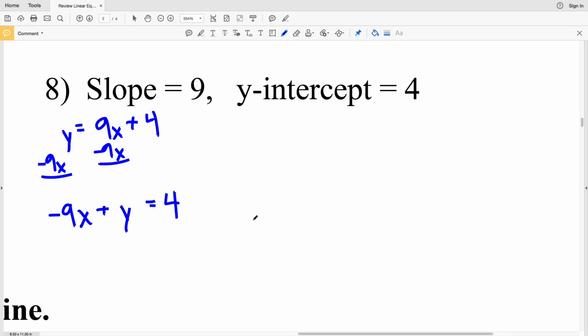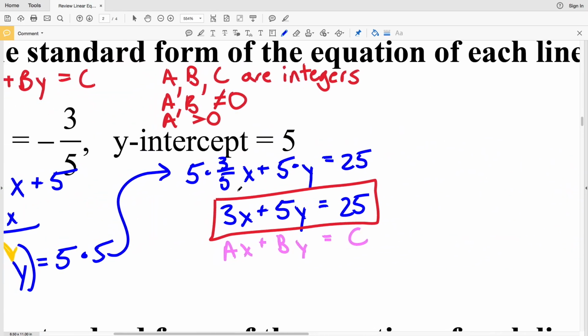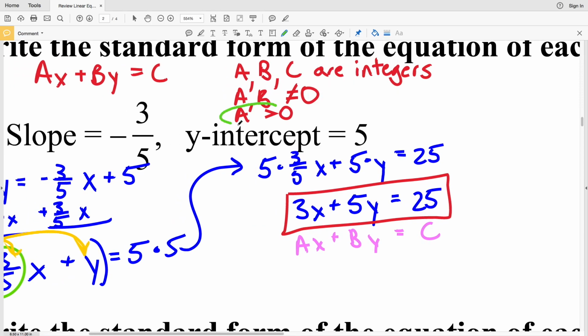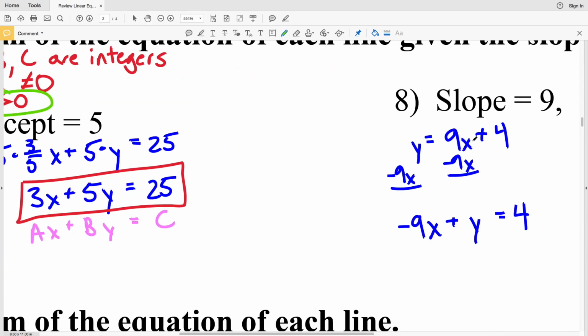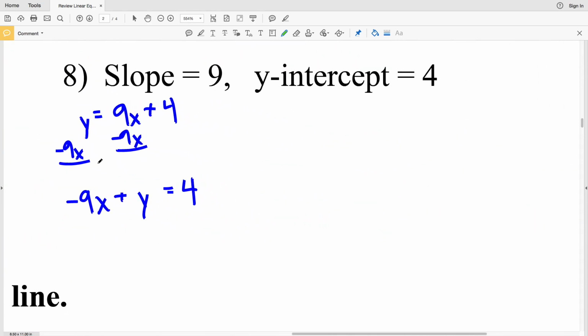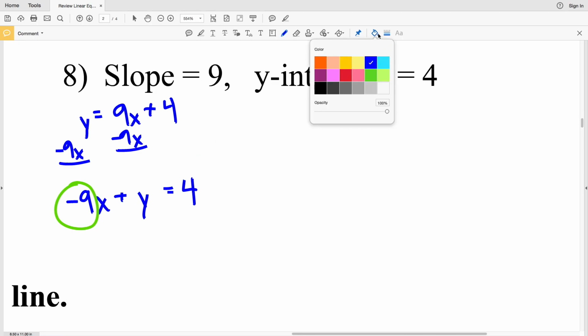Now if you remember, one of our constraints is that a has to be greater than 0 or non-negative. However, currently we have a negative a. So in order to fix that, we're going to multiply both sides of the equation by -1.